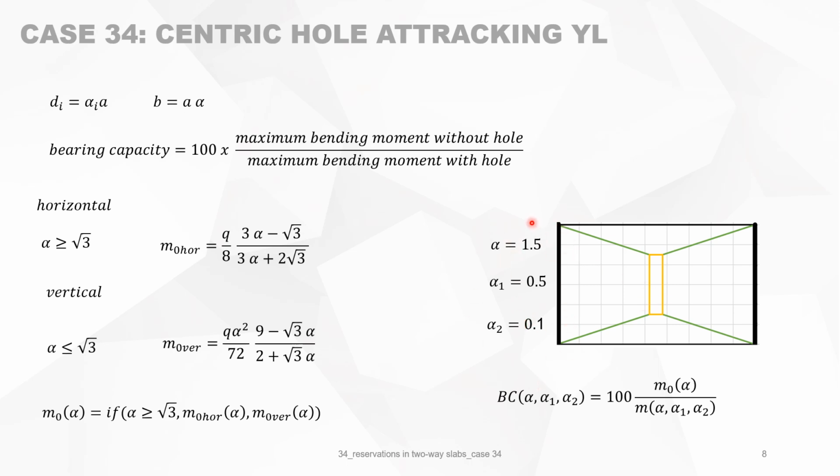And only with those 3 parameters the situation is defined, and you can calculate directly what is the bearing capacity, and it's 152. So it means by making a reservation like that in the slab, you do not touch the bearing capacity. You in fact increase the bearing capacity of the slab.